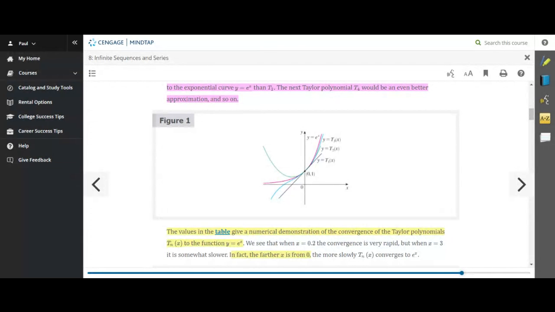In figure 1, what they have here is the function e to the x power, and they've graphed some Maclaurin polynomials. I know they're Maclaurin polynomials because they're centered at x equals 0. They call them T1, T2, T3. So you have T1 of x, that's the line.